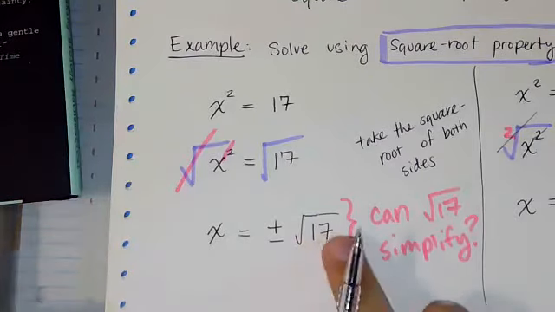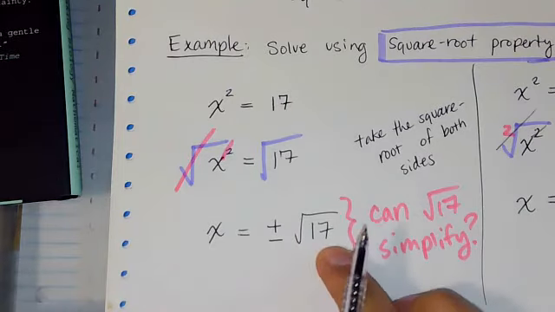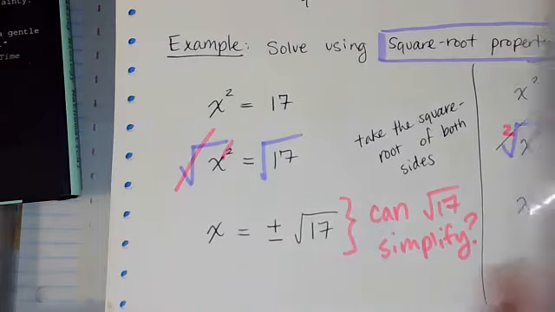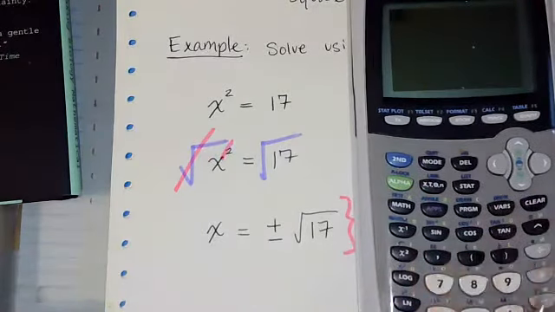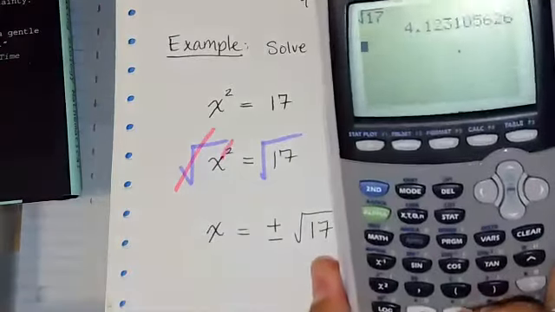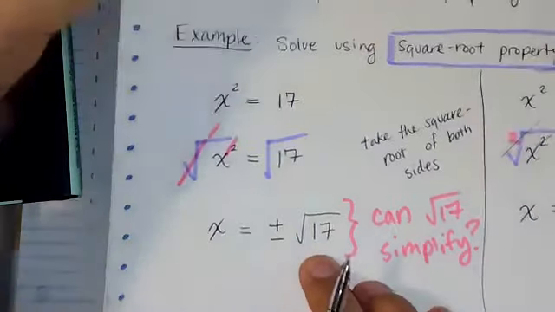Since we cannot factorize 17, that means we cannot further simplify this radical expression. So this number, and it is a number, even though it has an operation on it, is something close to 4.12. But in any case, we don't want the approximate answer. We want the exact solution.